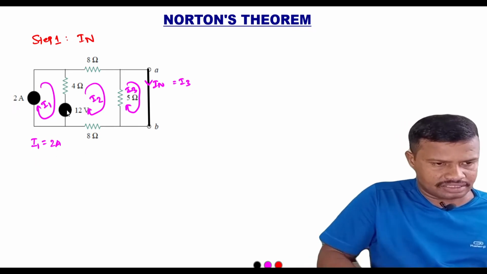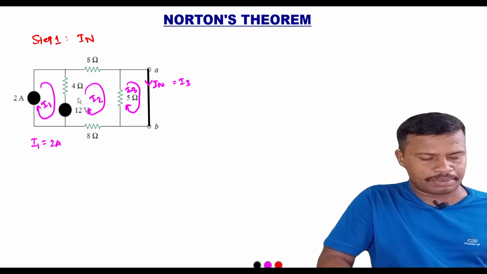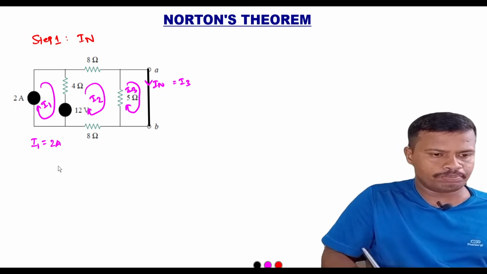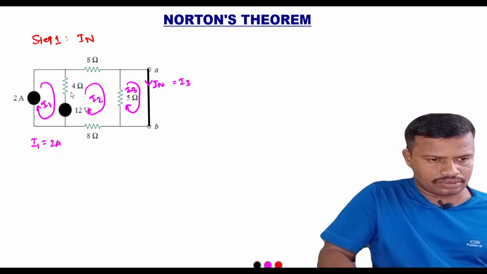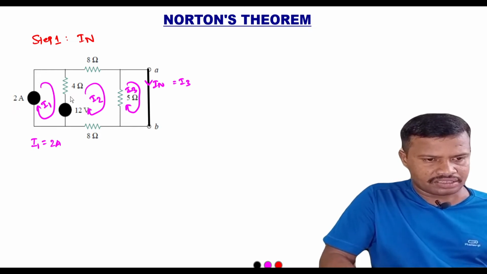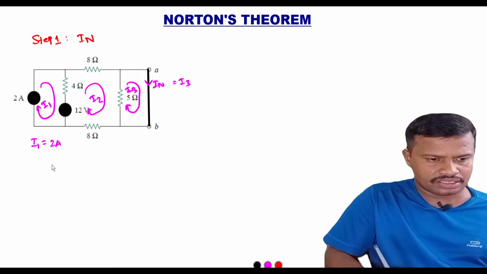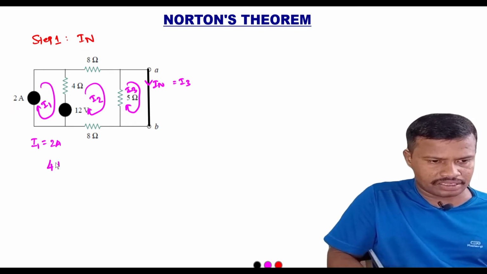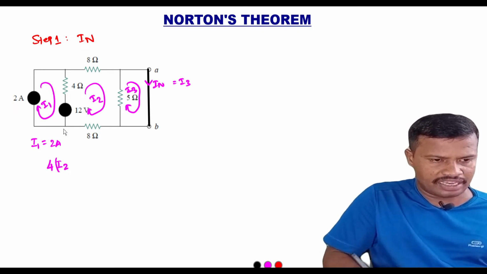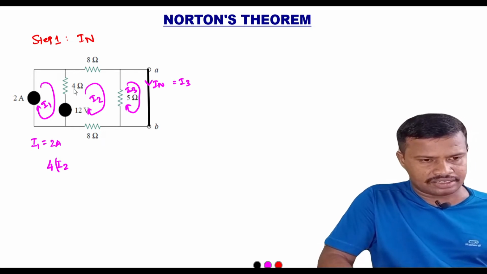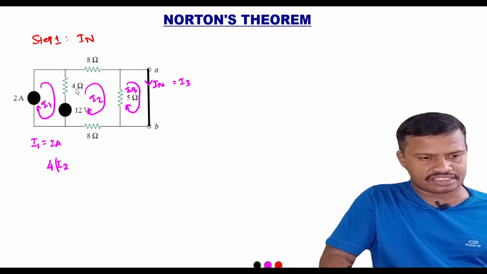Let us write the loop equation by applying KVL to the second loop. Let us start from the 4 ohm resistor. We can write 4 into I2, and the current through the 4 ohm resistor has the influence of I1 as well as I2.